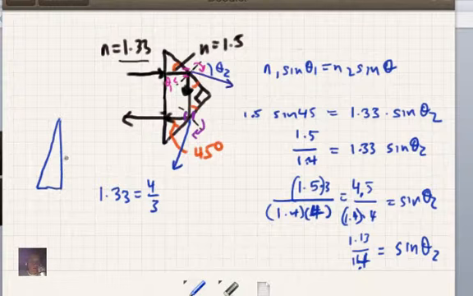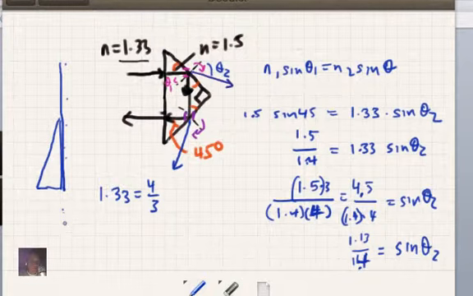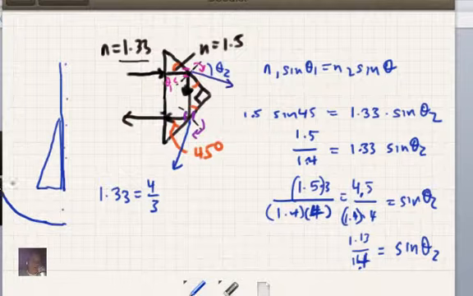Let's see, 1, 2, 3, 4, 5, 6, 7, 8, 9, 10, 11. 11 long and 14. So let's see, that would take 11, 12, 13, 14. So I'm going to kind of draw a circle of this radius out here. Where would 14 be? Ooh, kind of over there.